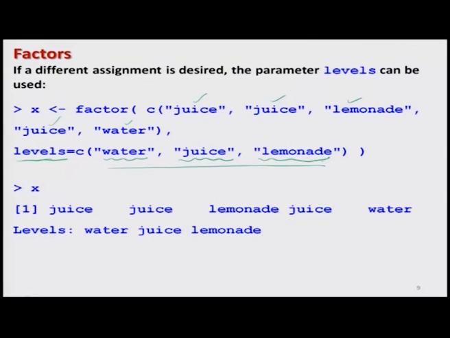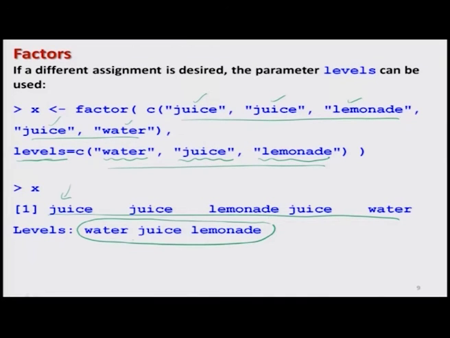And you can see here, as soon as I hit enter on the R console, we get the same outcome. This juice, juice, lemonade, juice and water is given here, but the levels are now changed. These levels are now as per our requirement. And just for your information, earlier we had the labels juice, lemonade and water.